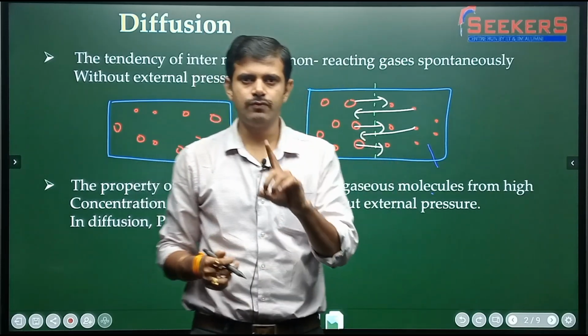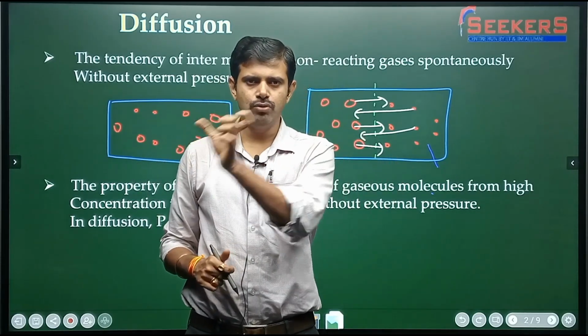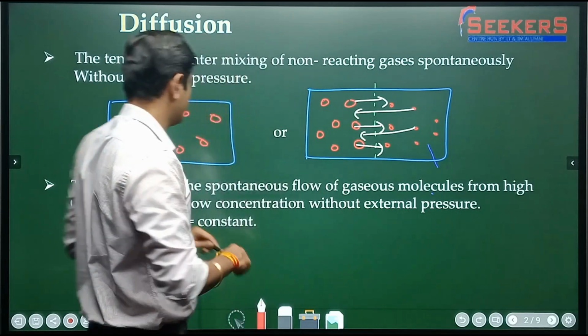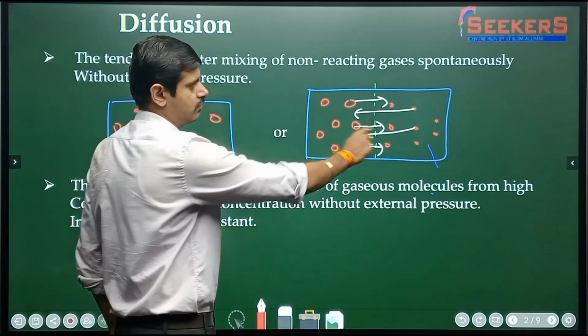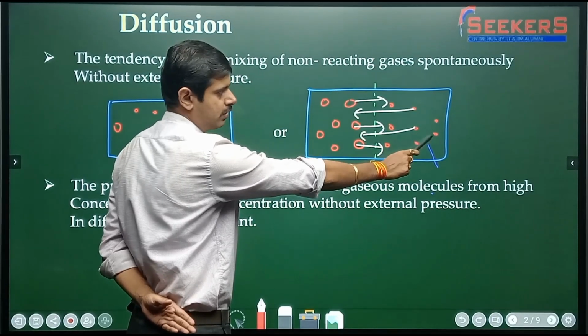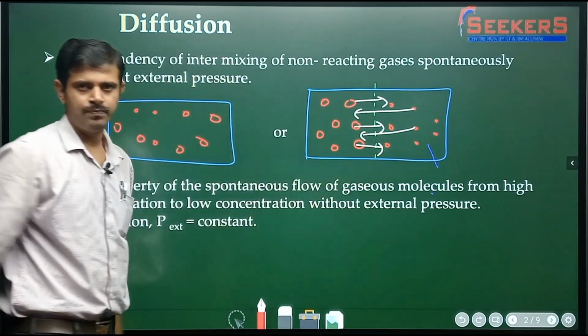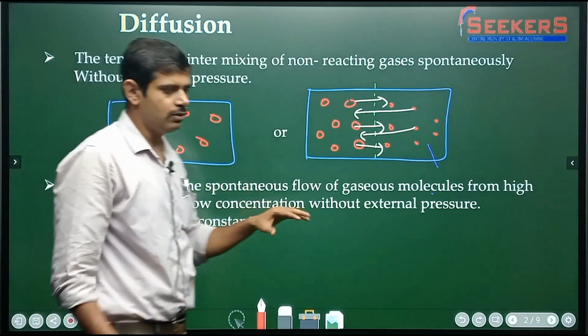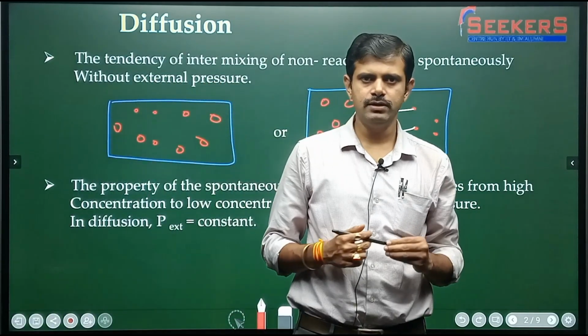The gas will always move from a higher concentration to a lower concentration. There is a higher concentration of this gas on this side, so it will move towards the other side. There is a higher concentration of this small gas on the right-hand side, so it will come to this side. This phenomenon is called diffusion.